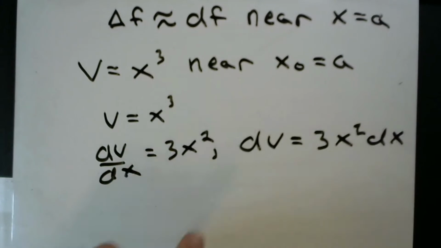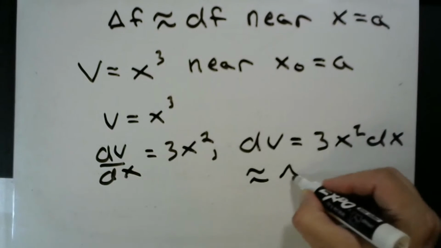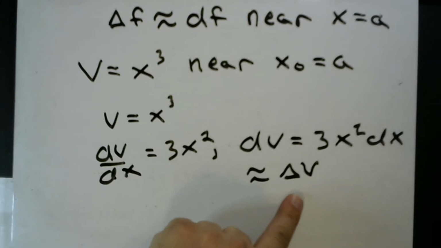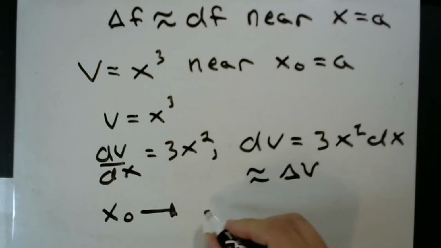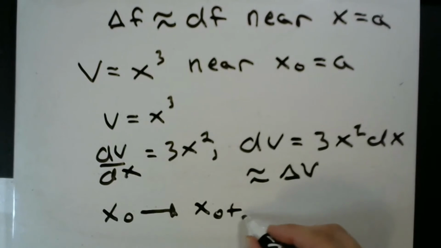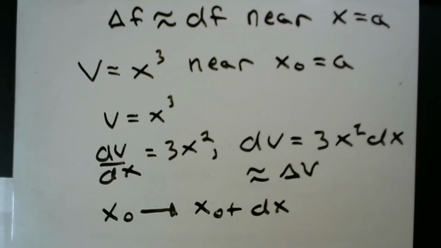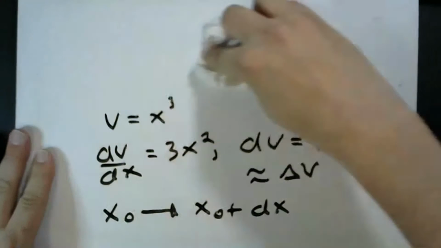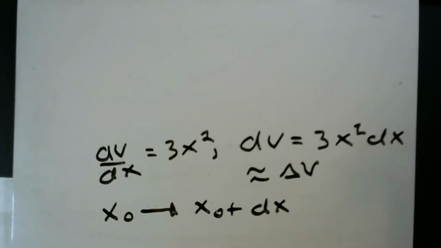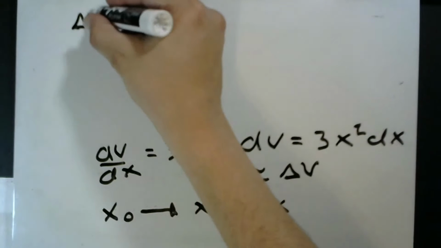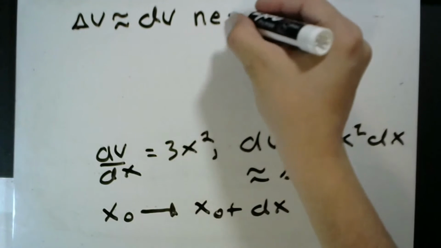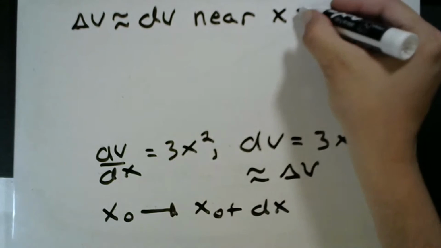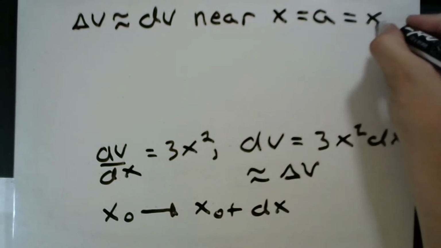So again, this is going to be approximately the delta v, how much the volume changes when we increase the edges from x0 to x0 plus delta x, or dx. So delta v is approximately dv near x equals a equals x0.